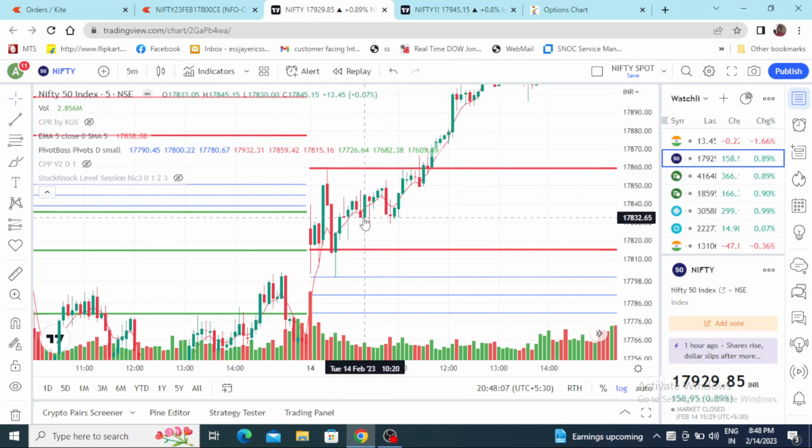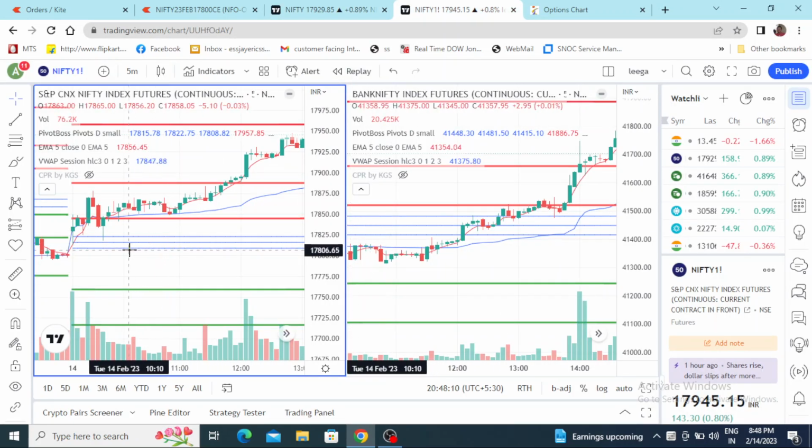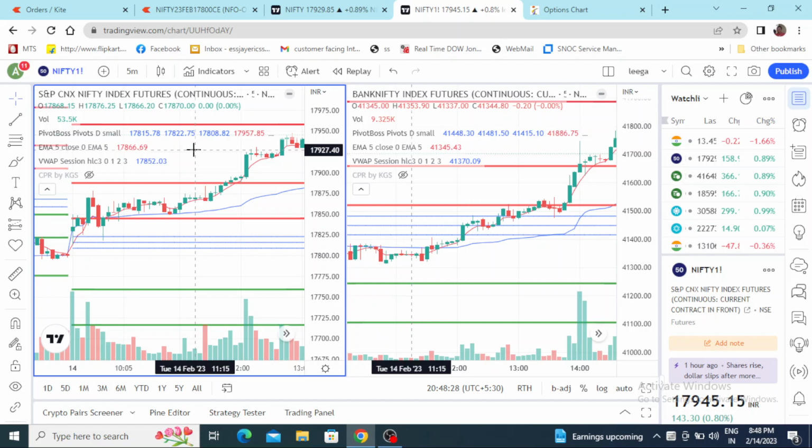Again, I entered over here on the basis of my volume analysis concept, that the volume of this candle was less than this candle, and also I was having a bullish view. So I entered the market long over here, by keeping a stop loss of 10 points in the option. So 10 points in the option comes to nearly 15 points in the spot. So that was my stop loss.